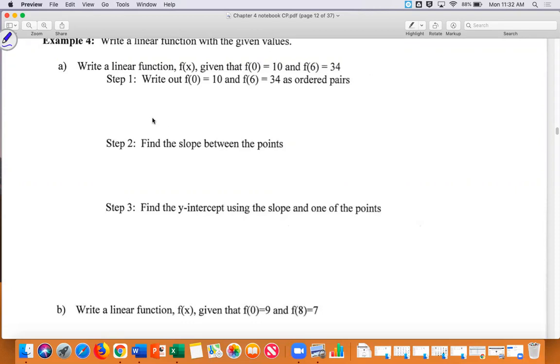Notice it says f of x. See how x is in the parentheses? That means the number that's in the parentheses is my x value. So if I'm trying to convert f of 0 equals 10 to a point, it's simply the point 0, 10.